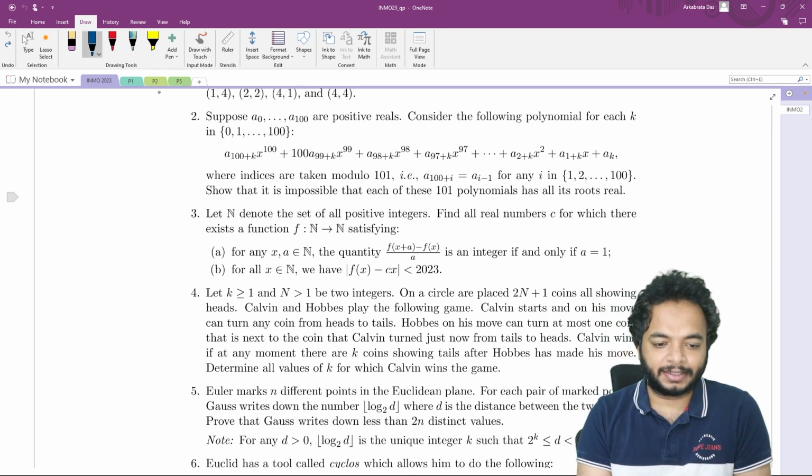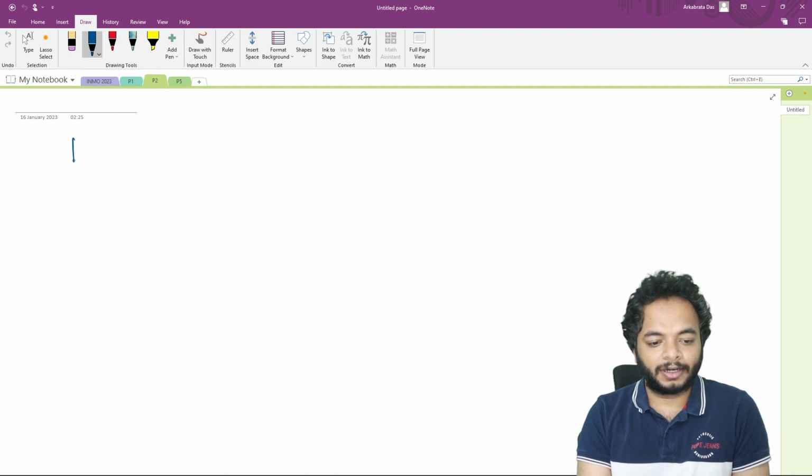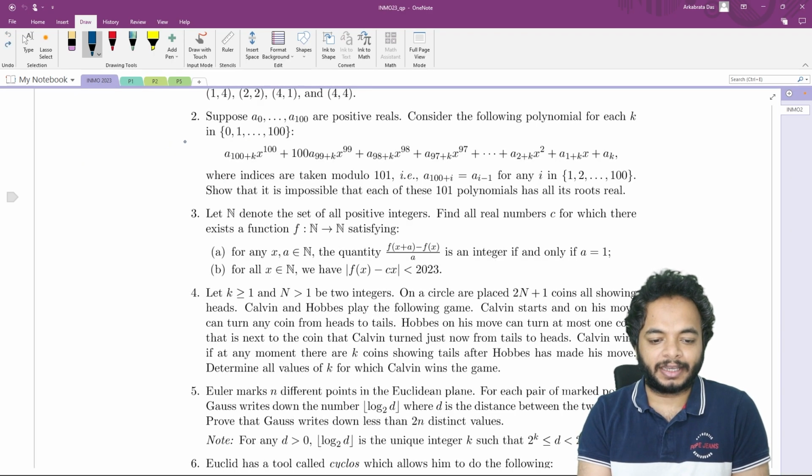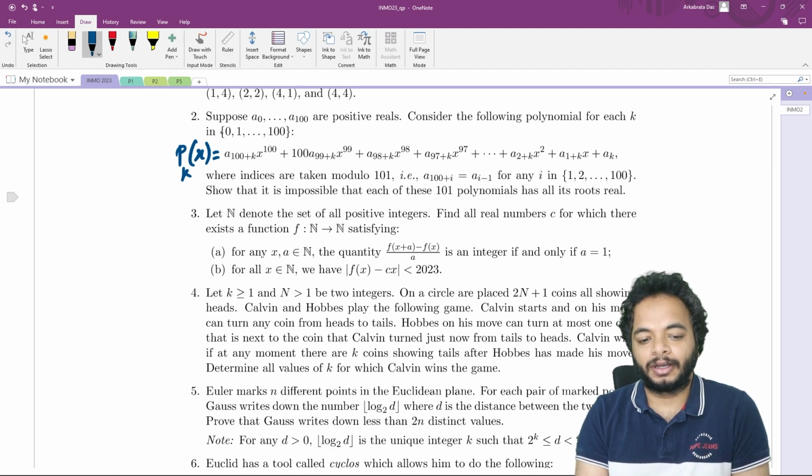So let's start with our hypothesis. Let's denote these polynomials as pk(x), for k being one of 0, 1 till 100.